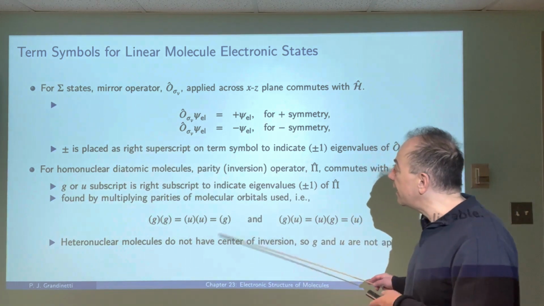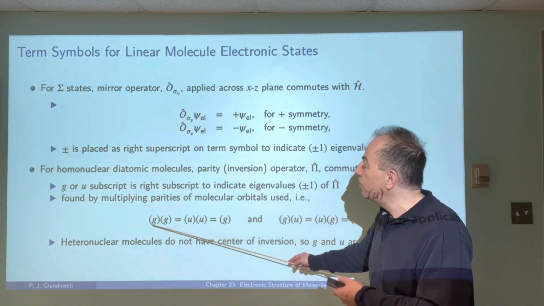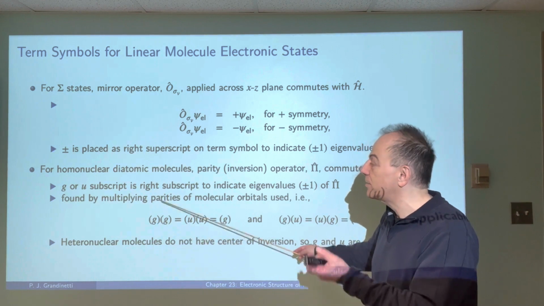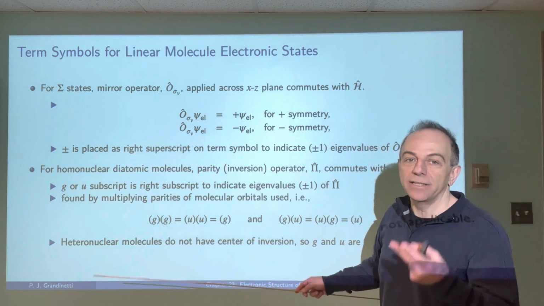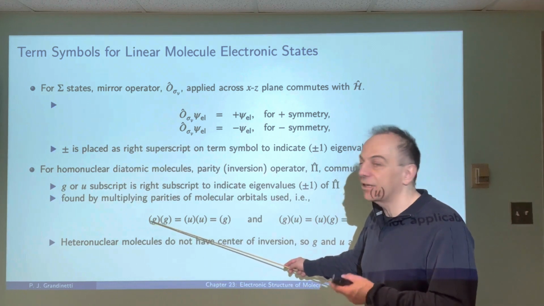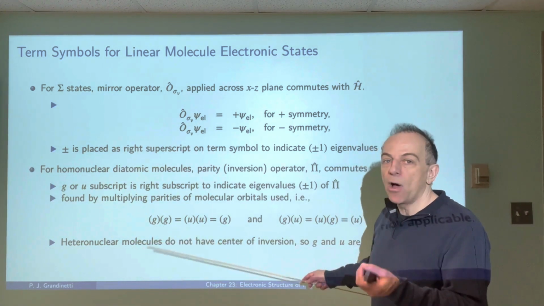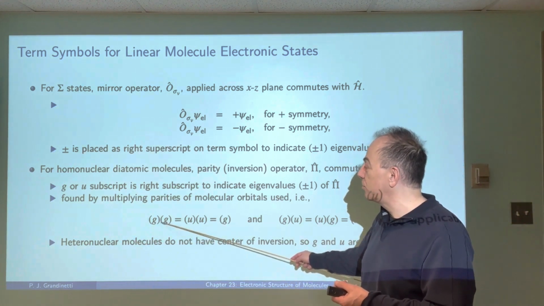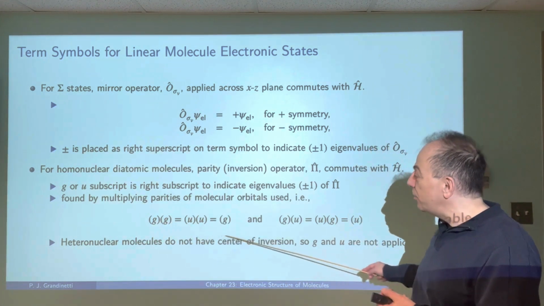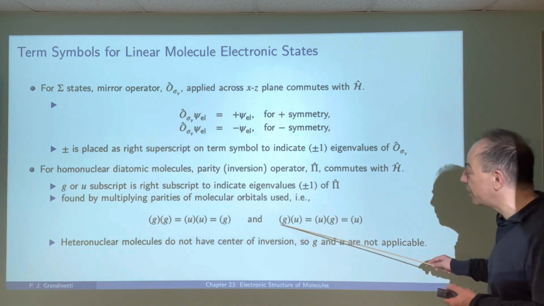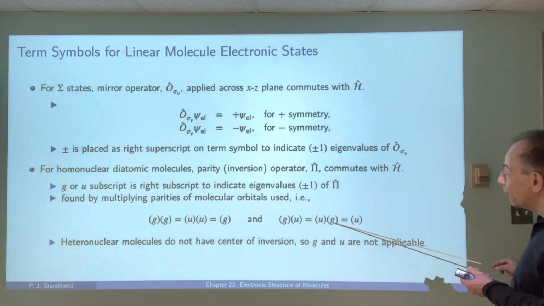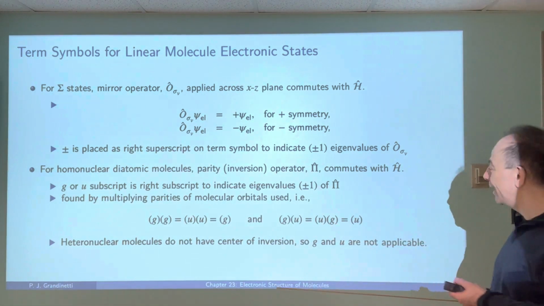If you take the product of all of them, so for example, if you have 2 electrons in molecular orbitals, then you just look at their G or U symmetries and you just multiply them. So if you have 2 G's or 2 U's, then you're going to end up with a G. If you have a G and a U, or a U and a G, you're going to end up with a U here.